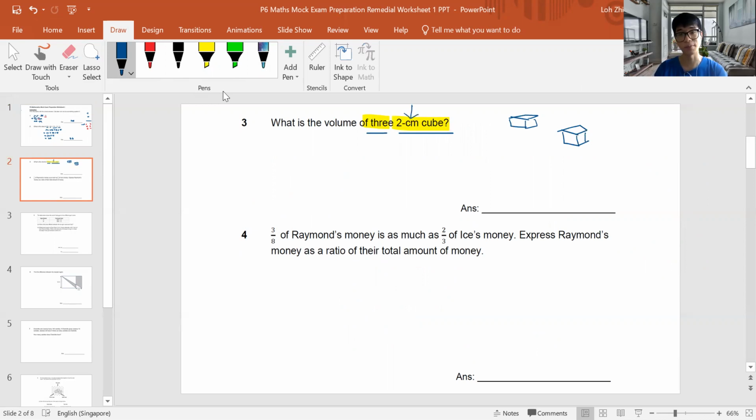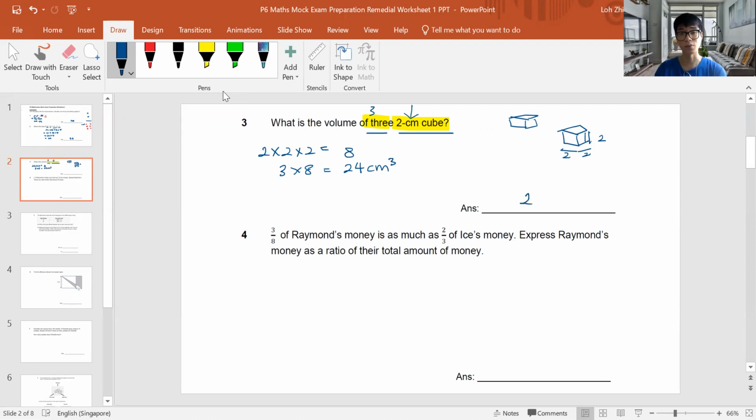If they say 2 cm, it means here is 2 cm, here is 2 cm, here is 2 cm. So you should know that 1 2 cm cube is 2 times 2 times 2, and that's equivalent to 8. And if they say 3 2 cm cubes, you need to do 3 times 8, and we know it's 24 cm cube.